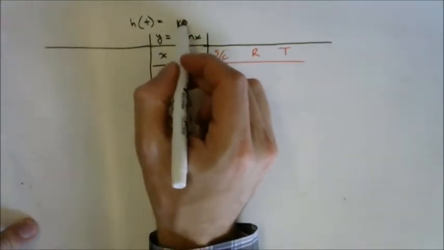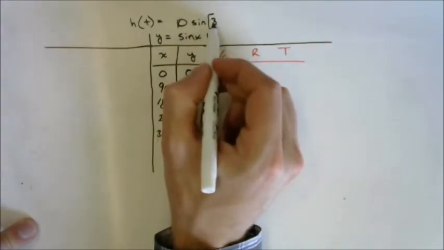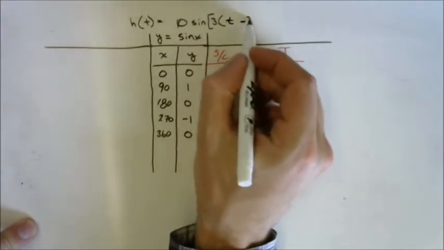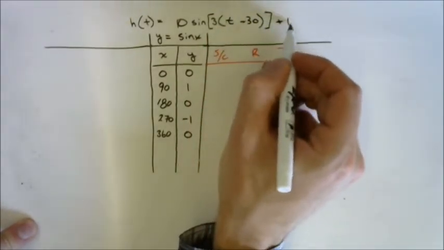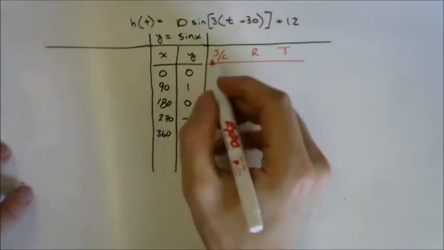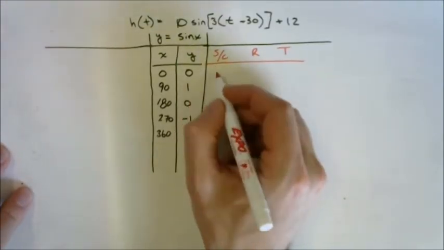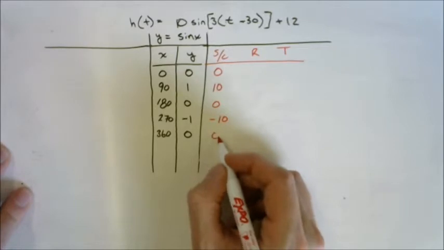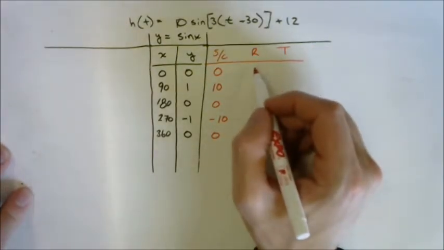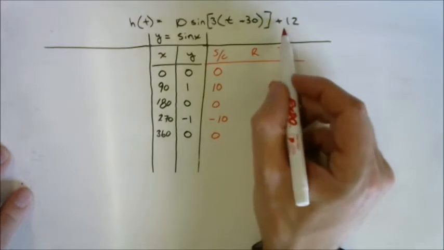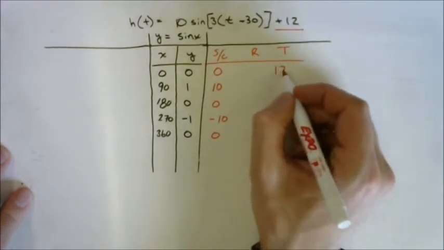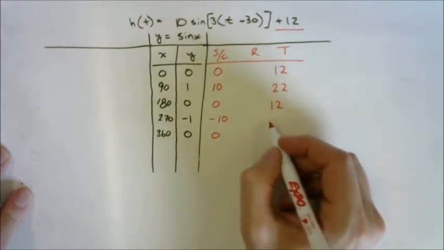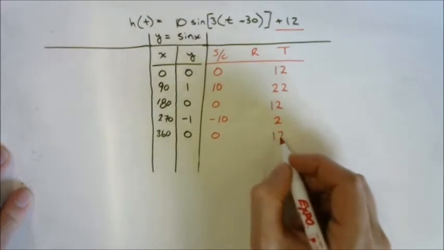Height with respect to time is 10 times the sine of 3t minus 30 plus 12. So stretch of 10, which 10 times 0 is 0, 1 becomes 10, negative 1 becomes negative 10. No vertical reflection, so we look to the vertical translation, which is up 12. 0 becomes 12, 10 becomes 22, 0 becomes 12, negative 10 becomes 2, and 0 becomes 12.